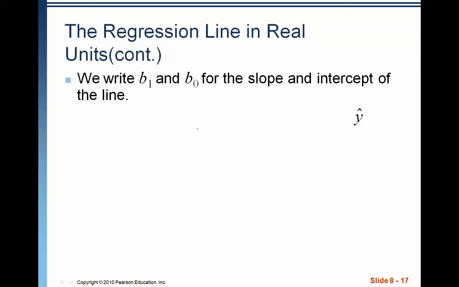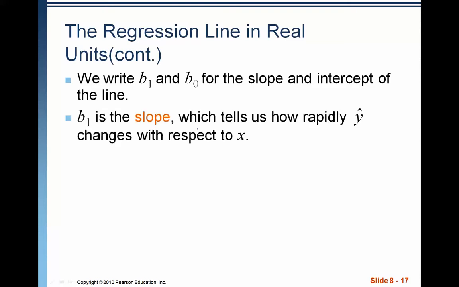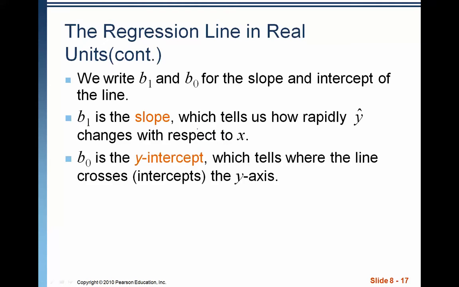So the b sub 1 and the b sub 0 are the slope and y-intercept of the line. B sub 1 is the slope. It tells us how rapidly the change in the predicted y value is changing with respect to x. The b sub 0 is the y-intercept. It tells us where the line crosses or intercepts the y-axis.